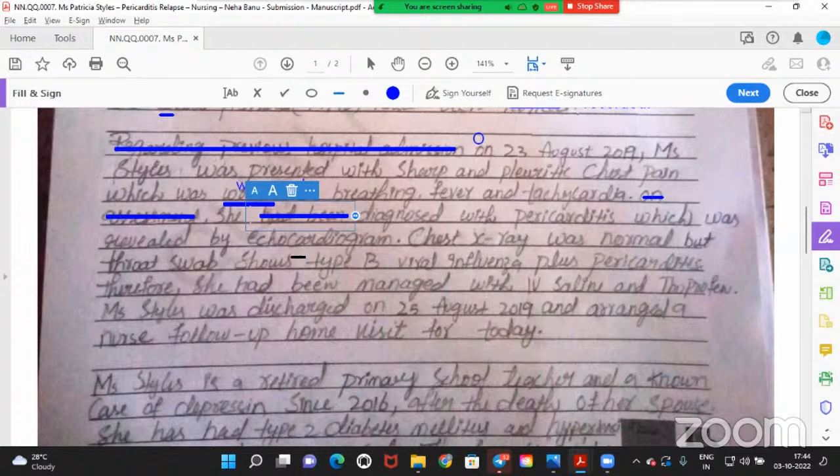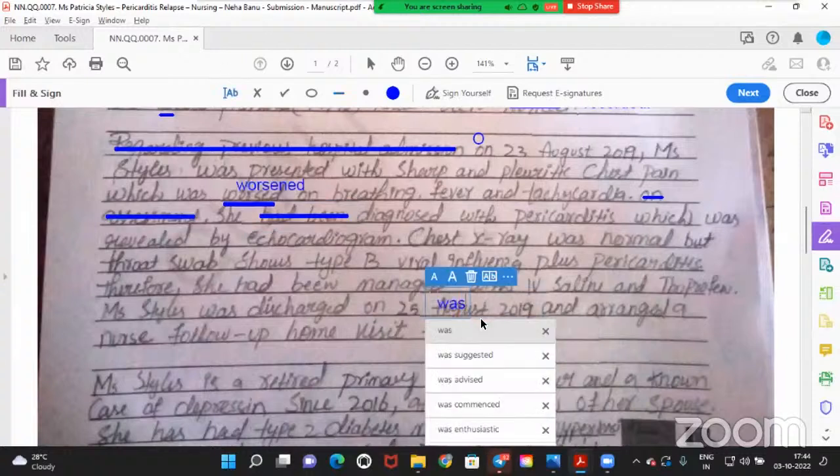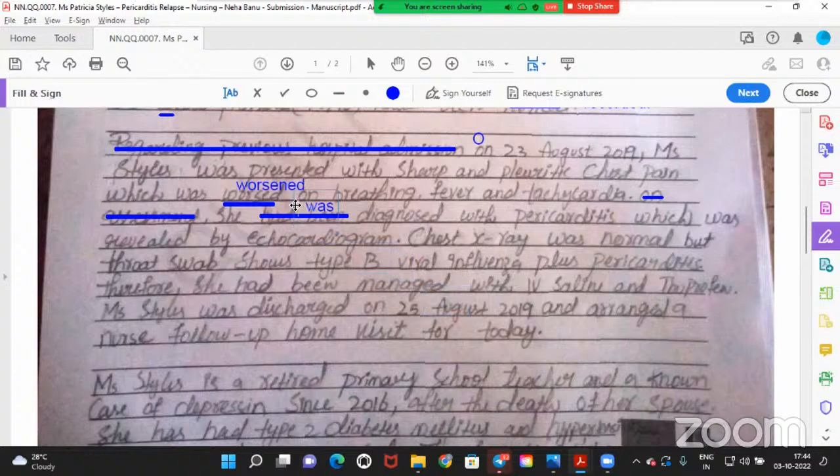That's okay. Or you can just say pericarditis was diagnosed.